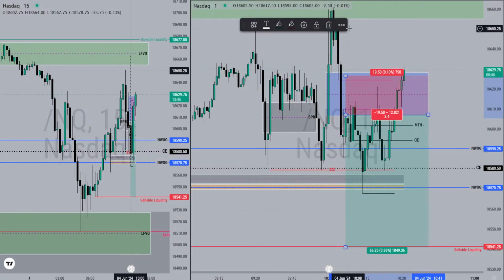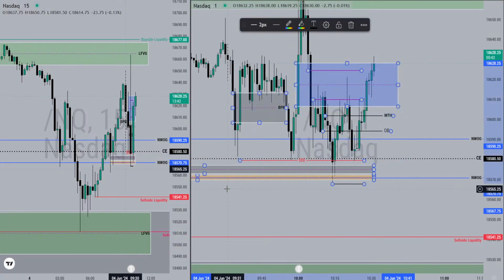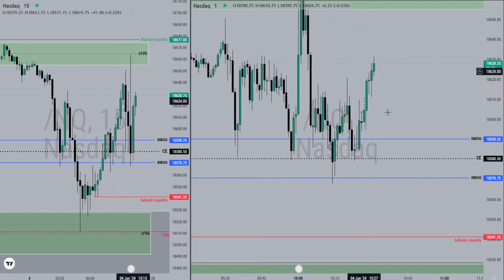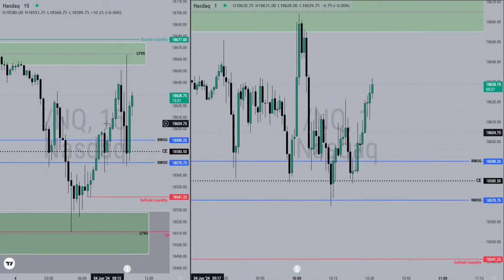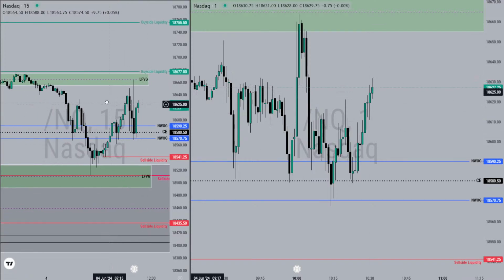Okay, it got hit over there. Every setup is invalid now. I'm going to remove everything except the new week opening gap. So I'll keep that new week opening gap, and I'm just expecting consolidation for a little more time.